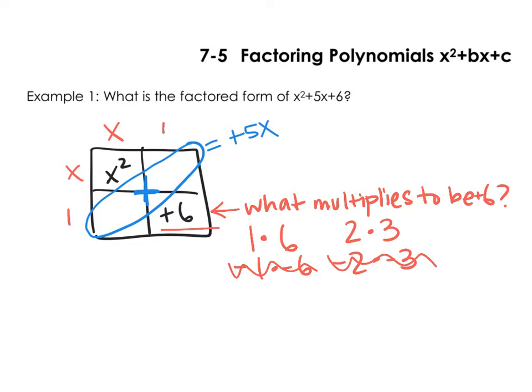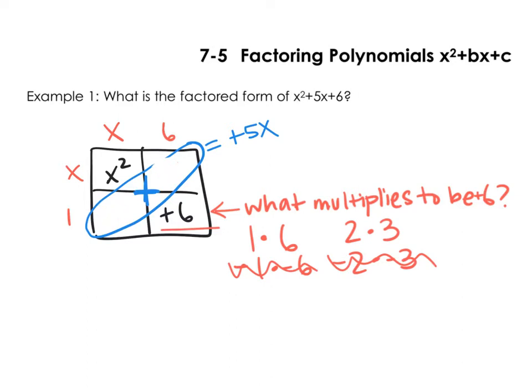If I put in 1 and 6 on the top and the side, 1 times x would give me a positive 1x, and 6 times x would give me a 6x. Now, if I check this, a 1x plus a 6x is not going to give me that 5x. So I'm going to go back and try again.